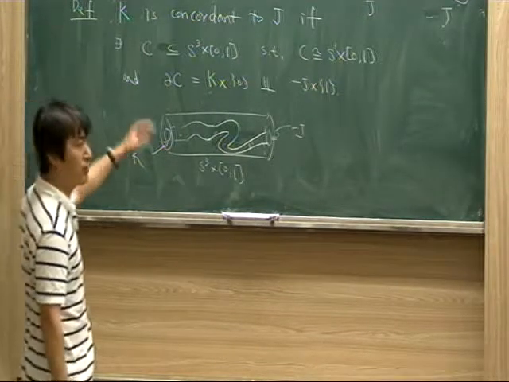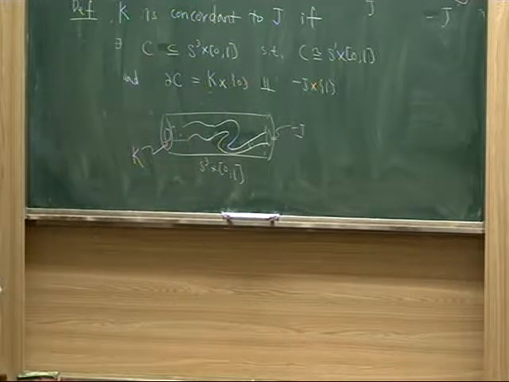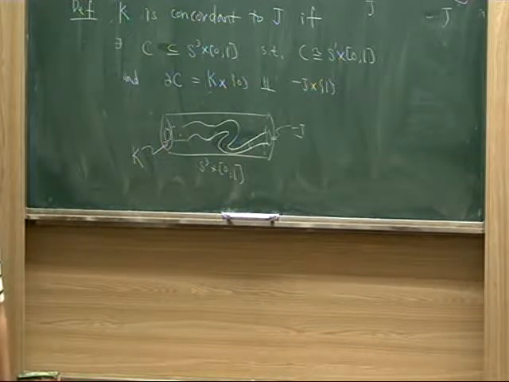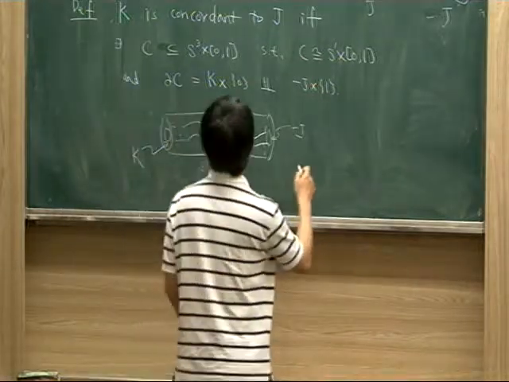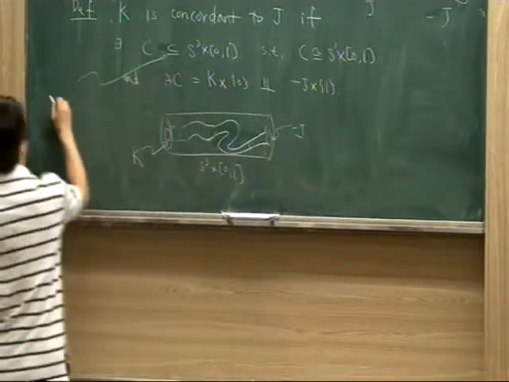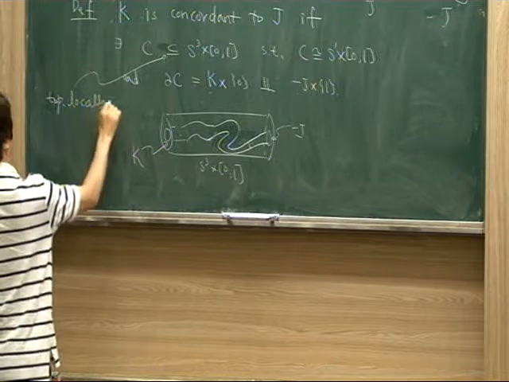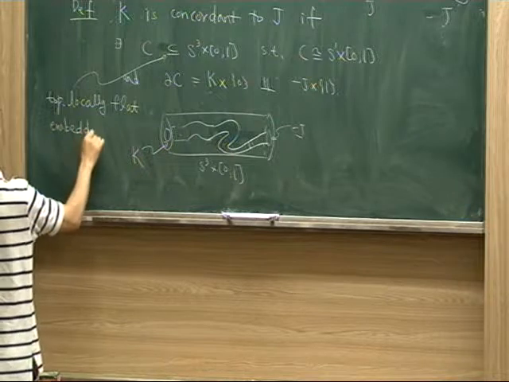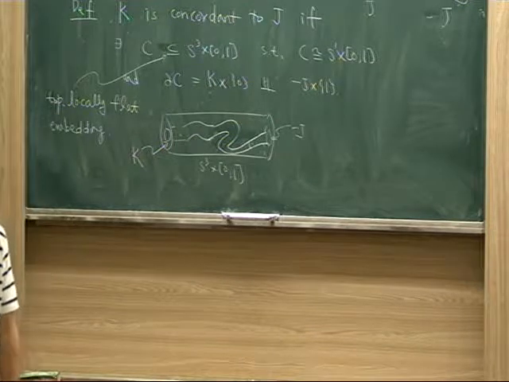Because we have a surface inside the four-manifold, we have to clarify what category we are working in. I mean, there is a categorical complication in four-manifolds. There is a smooth case and a topological case, and today I'm going to work on topological concordance. That means this embedding is a so-called topologically locally flat embedding. So this is a weaker condition compared to a smooth embedding.